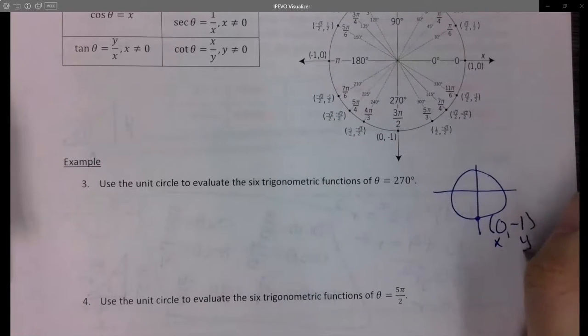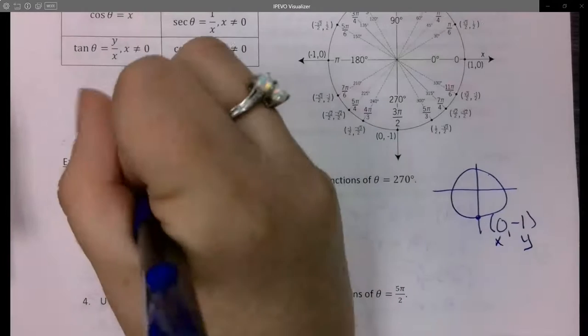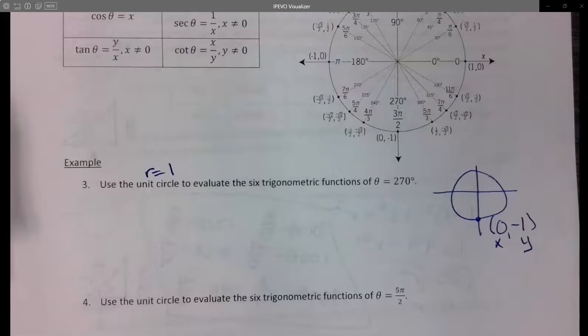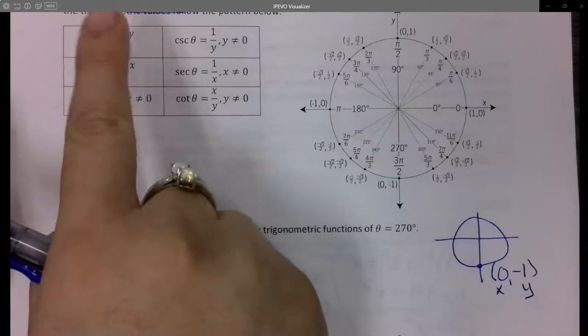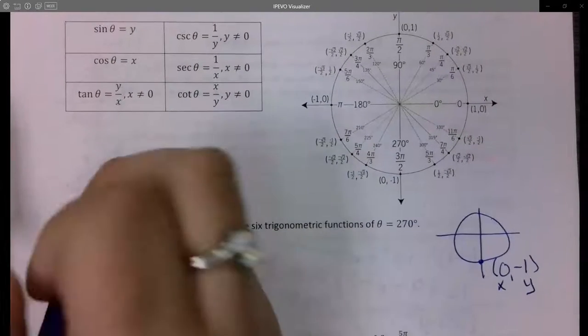This is my x. This is my y. Because it tells me it's a unit circle, I know my radius is 1. So then I am just going to go ahead and plug into these 6 functions I have up above.